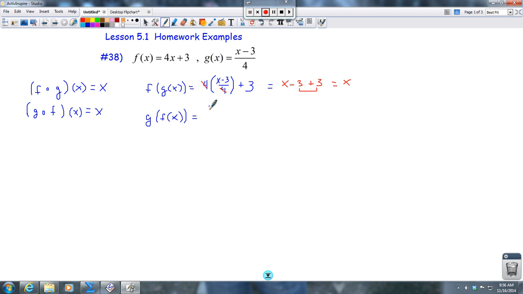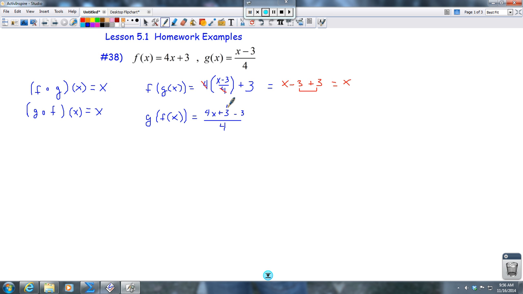Instead of saying x minus 3, we're going to put 4x plus 3 right here. So 4x plus 3 replaced the x. Now we're going to write the minus 3 divided by 4. Let me write that a little prettier this time.